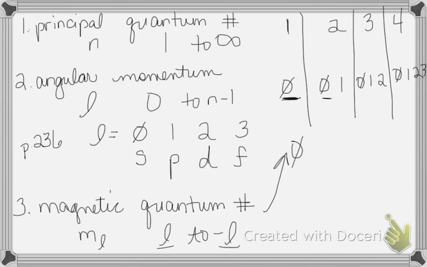So in this next column, if I told you L is 0, then M sub L can only be 0. But if L is 1, then M sub L can be negative 1, 0, or positive 1, because it's negative L to positive L, including 0. So over here, if L is 0, the only possibility is 0.